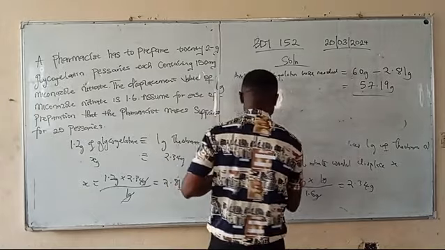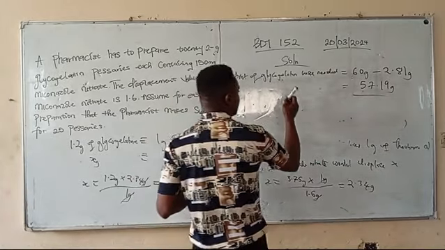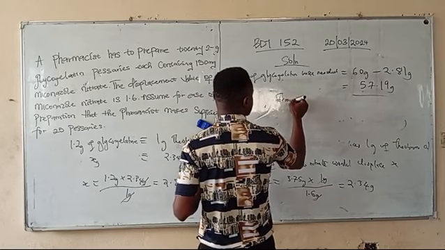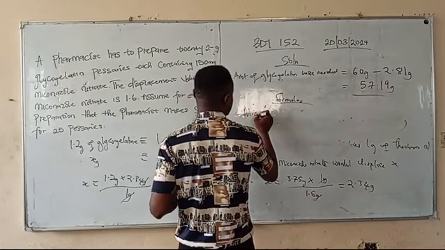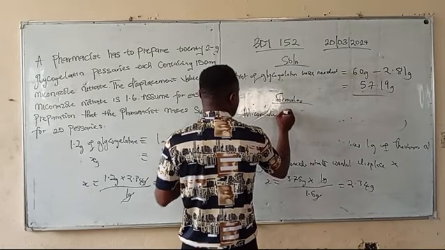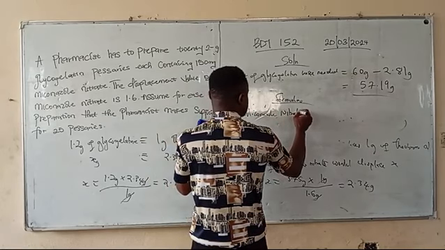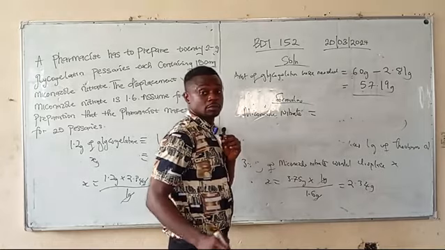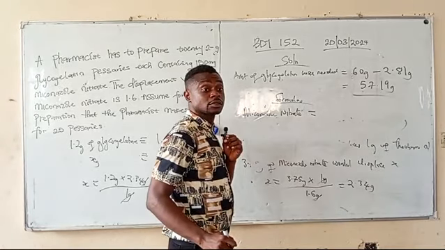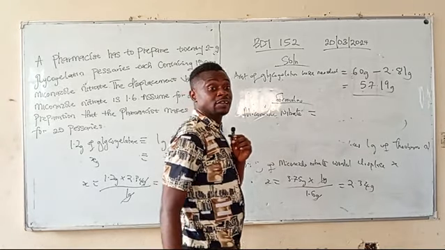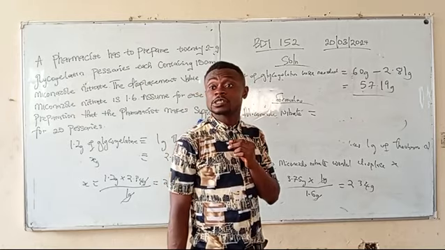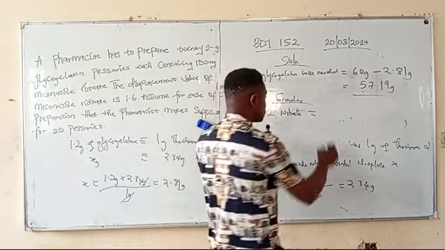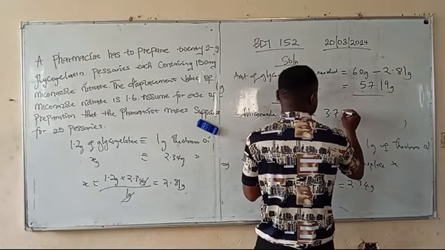The formula will now be something like this. You have miconazole nitrate, what's the amount? 3.75 gram.